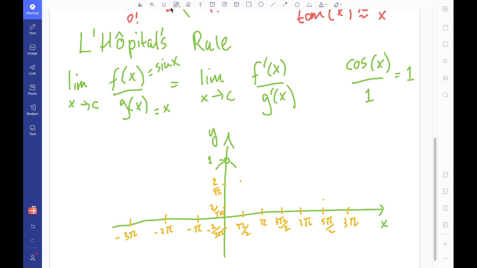I've already said that it's an even function, so it's going to be exactly the same on the other side. So let's take it through 2 over pi, through the axis at pi, down to 3 pi over 2, then back up, and then it's going to do something like this.